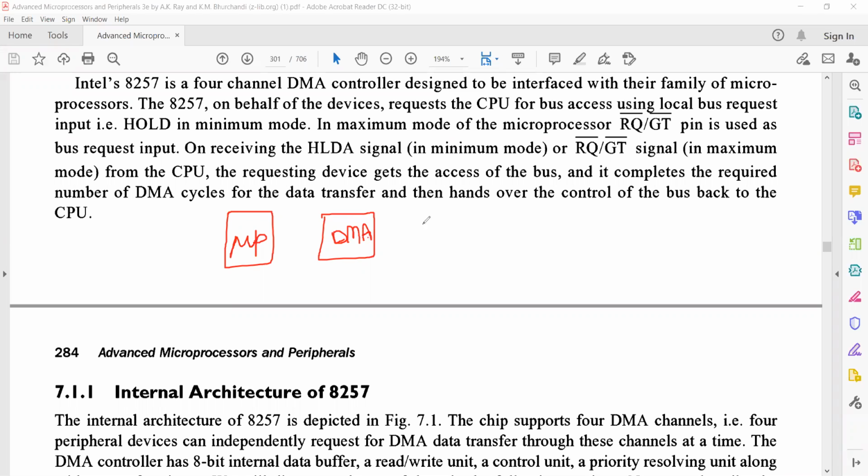This is the DMA controller, and let this be your device from which you want to transfer data.